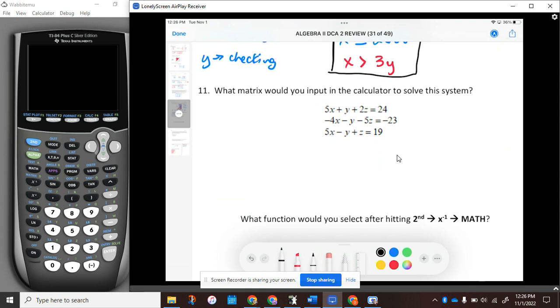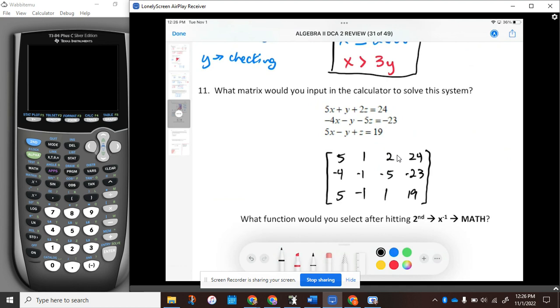It's not asking you to find x, y, or z or the ordered triple, any combination of them. It's asking what matrix you are going to put in the calculator. Don't overthink a question like that.